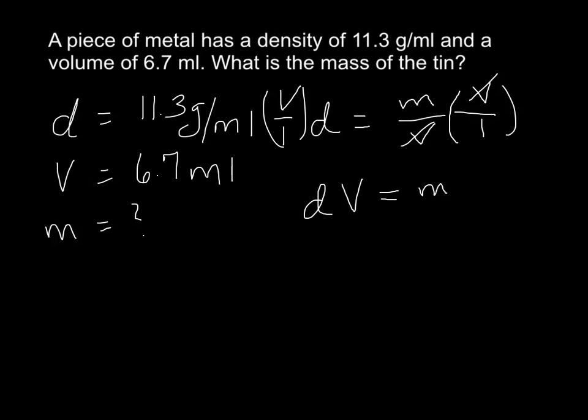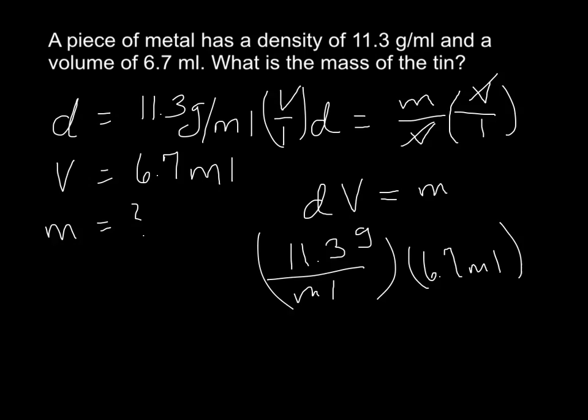So let's write that out. Well, we know the density is 11.3 grams per milliliter. And we know that the volume is 6.7 milliliters, or 6.7 milliliters over 1.